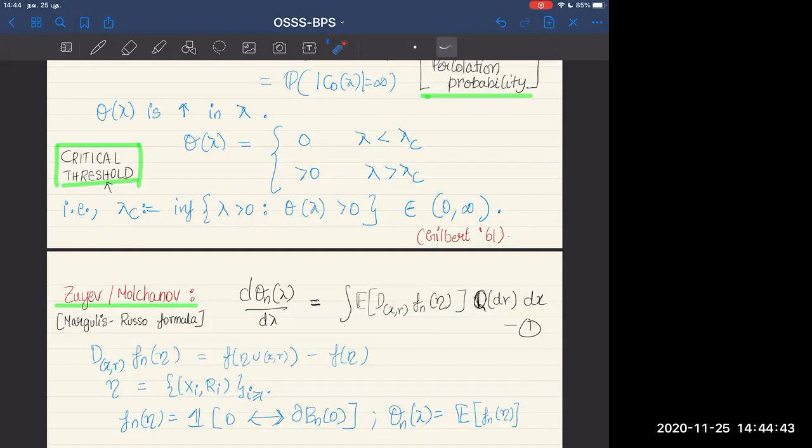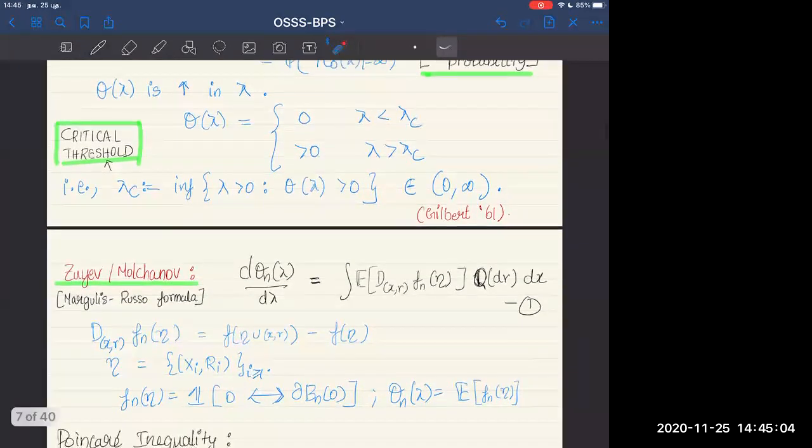So theta n of lambda, I can differentiate it with respect to lambda. The derivative of theta n of lambda with respect to lambda has a very, very neat formula. What is the formula? Theta n of lambda is the expectation of Fn of eta.